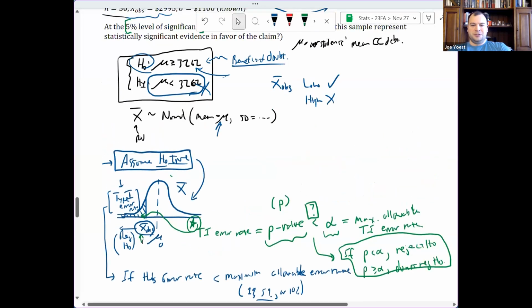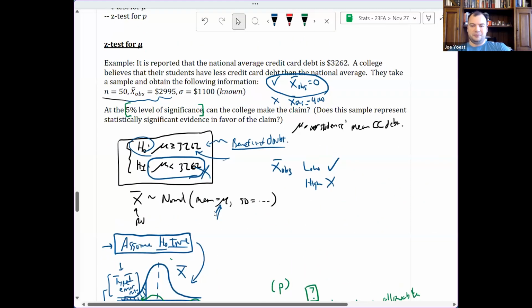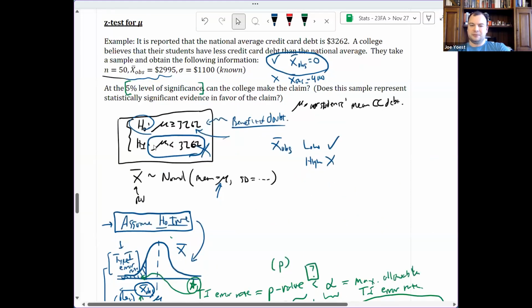Okay, so again, what's the idea? Just to quickly recap what we just said. We have a null and alternative hypothesis. Our alternative hypothesis has a less than sign, mu less than some number. So low observed X bars are going to be evidence against H0 and in favor of H1.